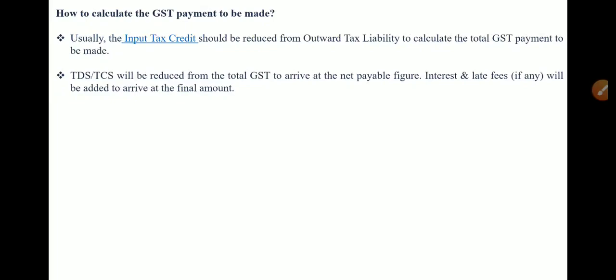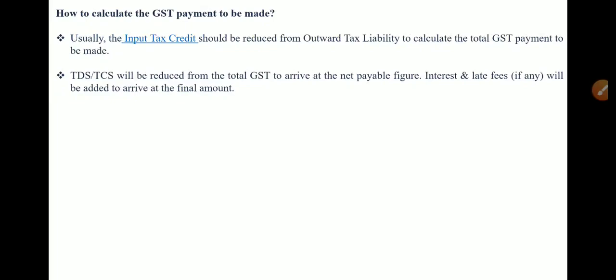So how to calculate the GST payment, what amount is to be paid? TDS or TCS will be reduced from the total GST to arrive at the net payable figure, and interest and late fees, if any are applicable, will be added to arrive at the final amount.